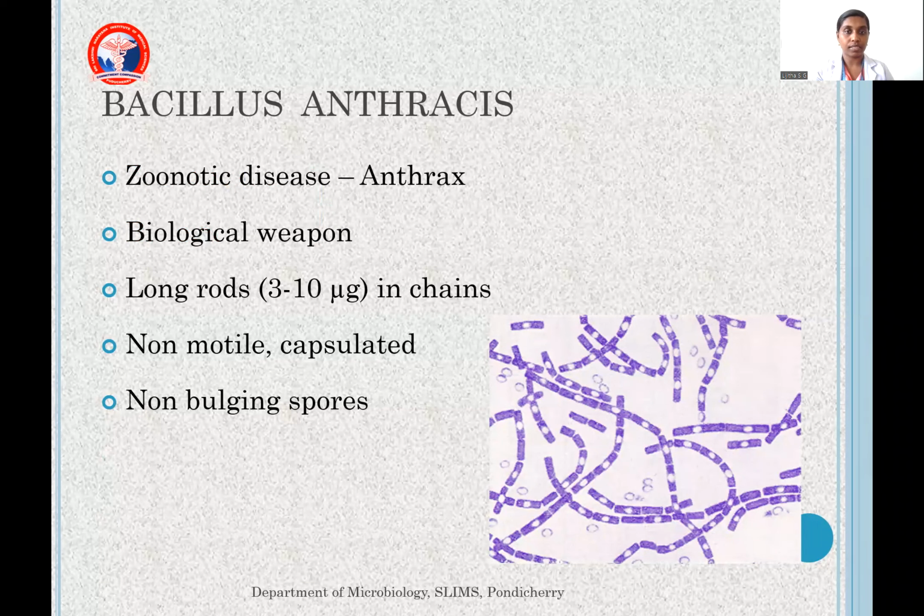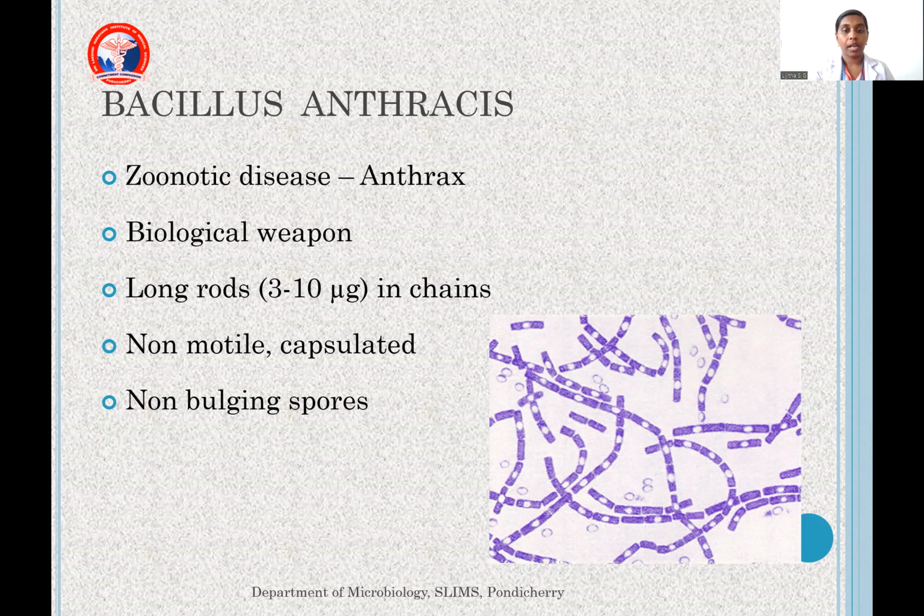Coming to Bacillus anthracis. Bacillus anthracis produces a disease called anthrax, which is a zoonotic disease. So what is a zoonotic disease? It is an infectious disease in which the primary infection occurs in animals and it can be naturally transmitted to humans. Another property of Bacillus anthracis is it can be used as a biological weapon.